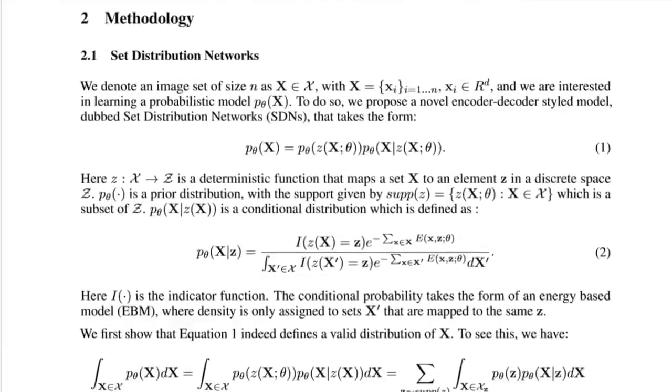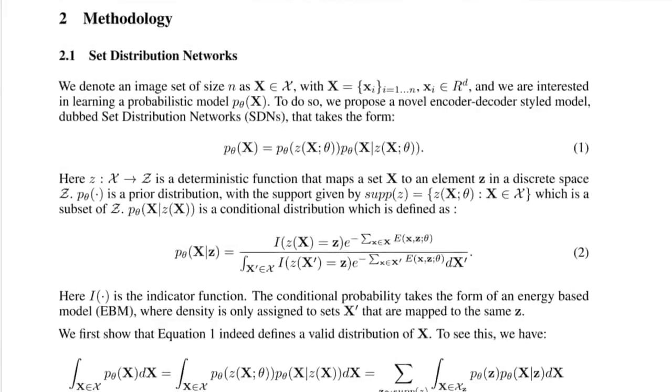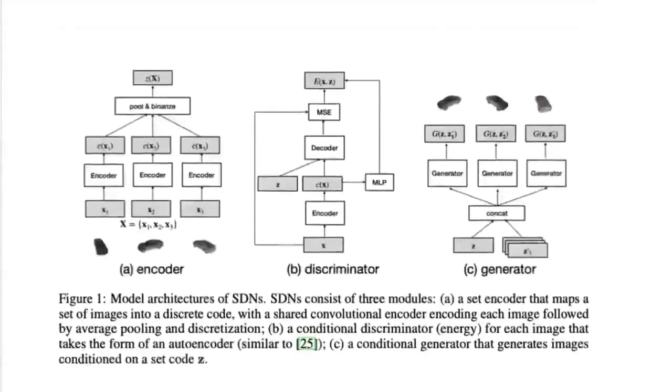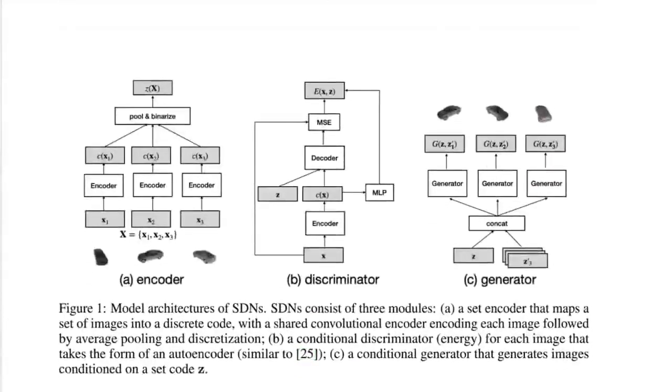And here's where the thing starts. So we're going to dive into a bit of the math here, and then into a bit of the reasoning. But ultimately, what they're going to do is build three things. They're going to build an encoder, a discriminator, and a generator.